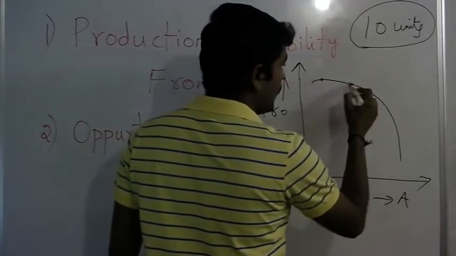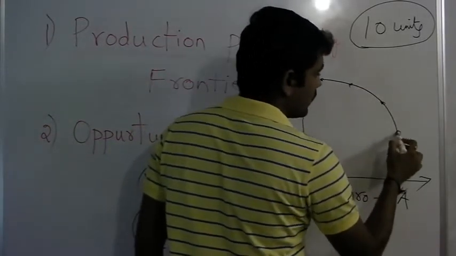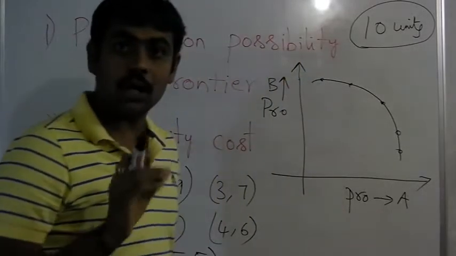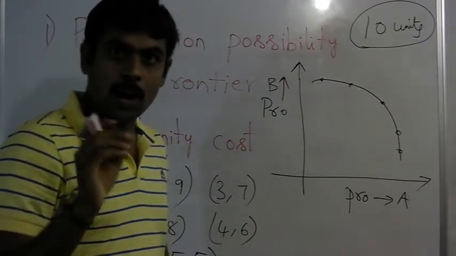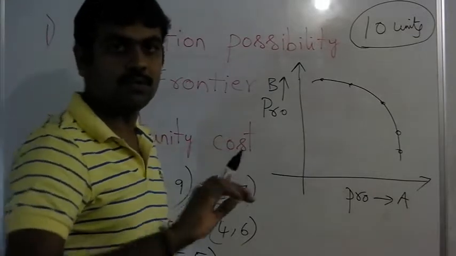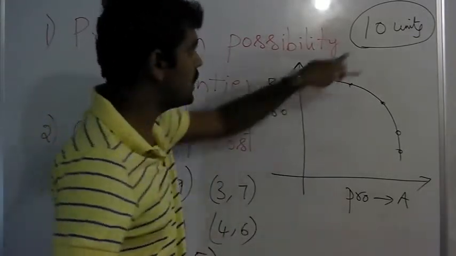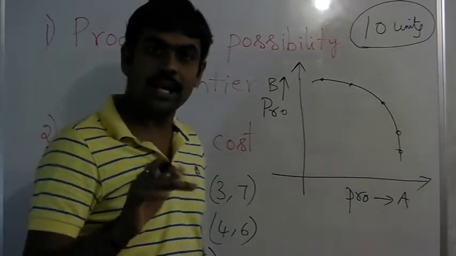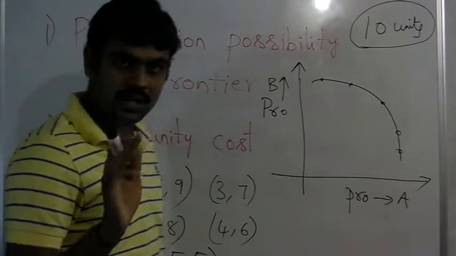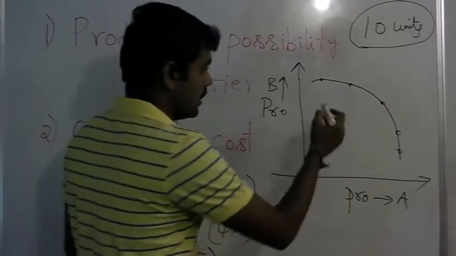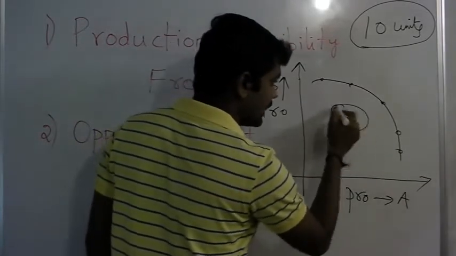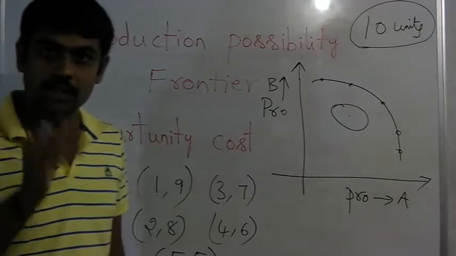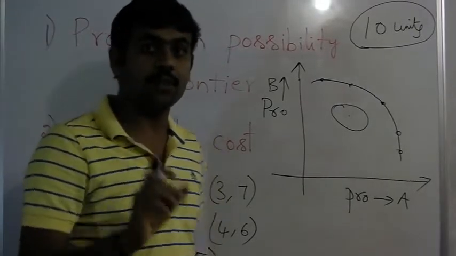And any combinational production, in the sense a combination used for producing A and B with the allocated resources, which results below this curve will show the wastage of units.